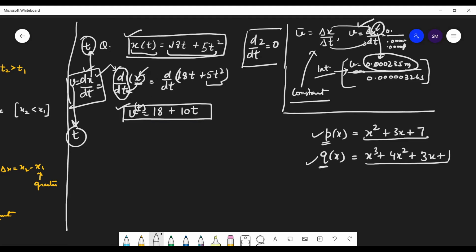Okay, so that's the difference between average and instantaneous. In average we deal with constant numbers, but as the numbers get very small, I still don't get the accurate answer, because I want this time to be smaller and smaller, so displacement will also be very small.